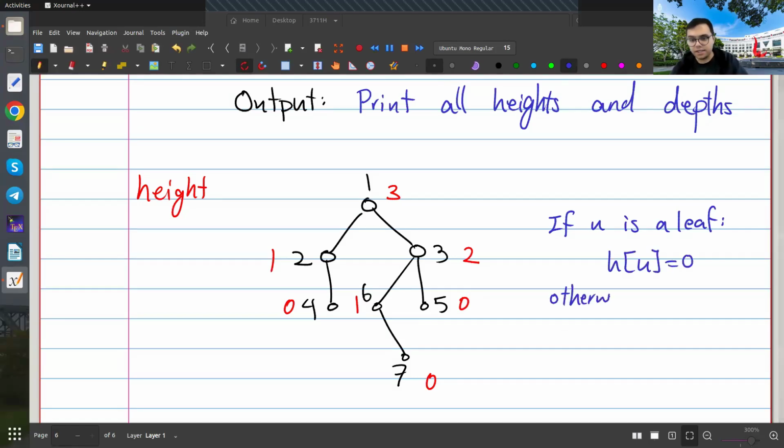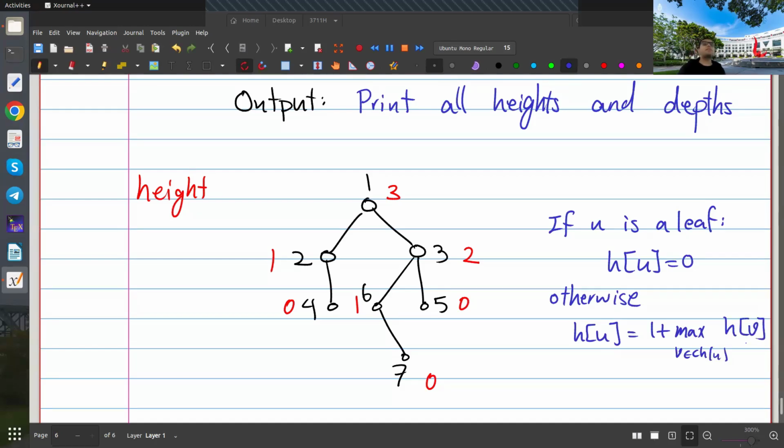Otherwise, the height of U is going to be 1 plus the maximum height among its children, right? Plus the max over every V that is, let's say, a child of U of height of V. This is the recurrence relation that I have.